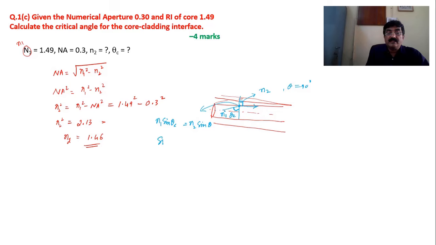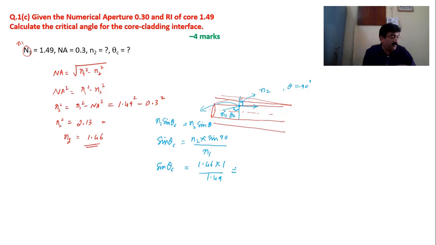So sin theta c is equal to n2 into sin 90, because the ray is grazing, divided by n1. Simplify. Sin theta c is equal to n2, which is already there, 1.46, sin 90 is 1, divided by n1, which is 1.49.